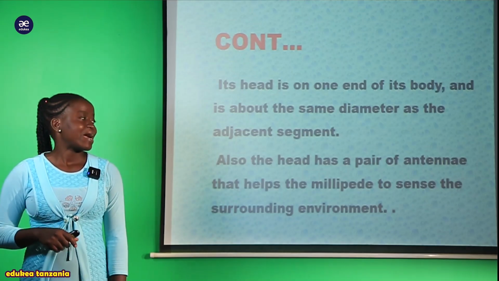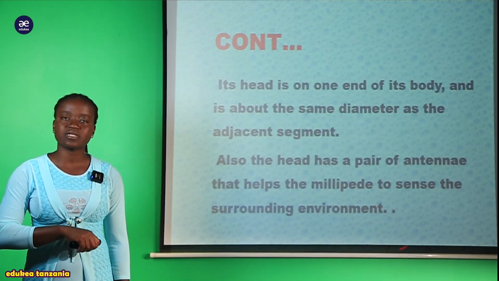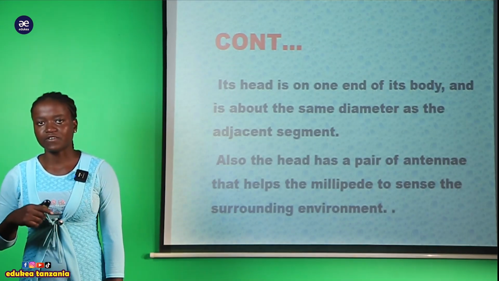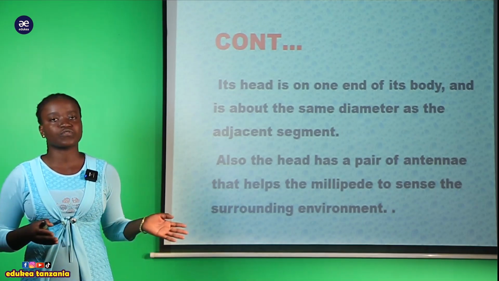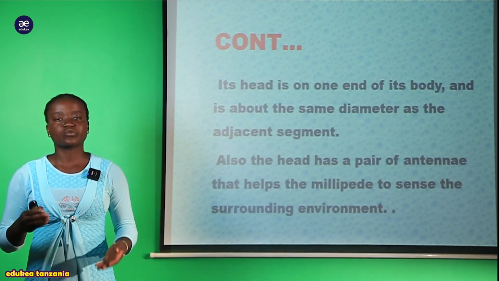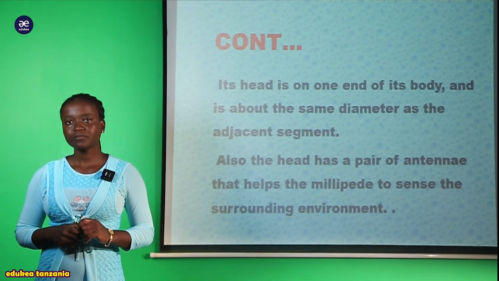Kwa sababu gani? Anakuwa na hii pair of antenna. Pia hiyo ndio ambayo inamsaidia to detect any kind of changes that is occurring within the environment, either the presence of light, the presence of dark. So this antenna will be responsible for detecting all of the changes that is occurring within the environment.